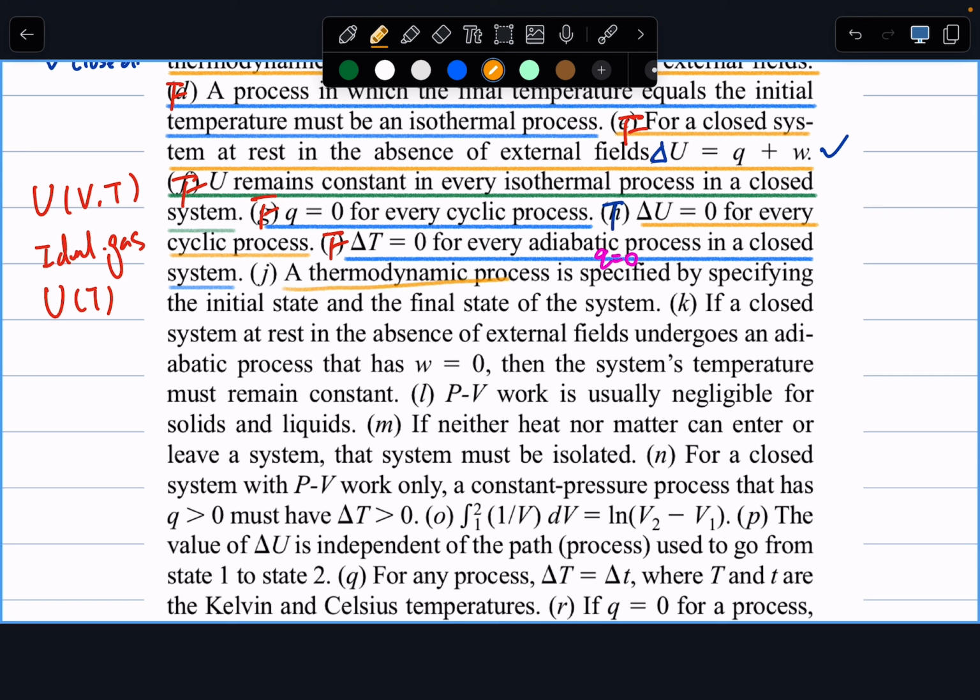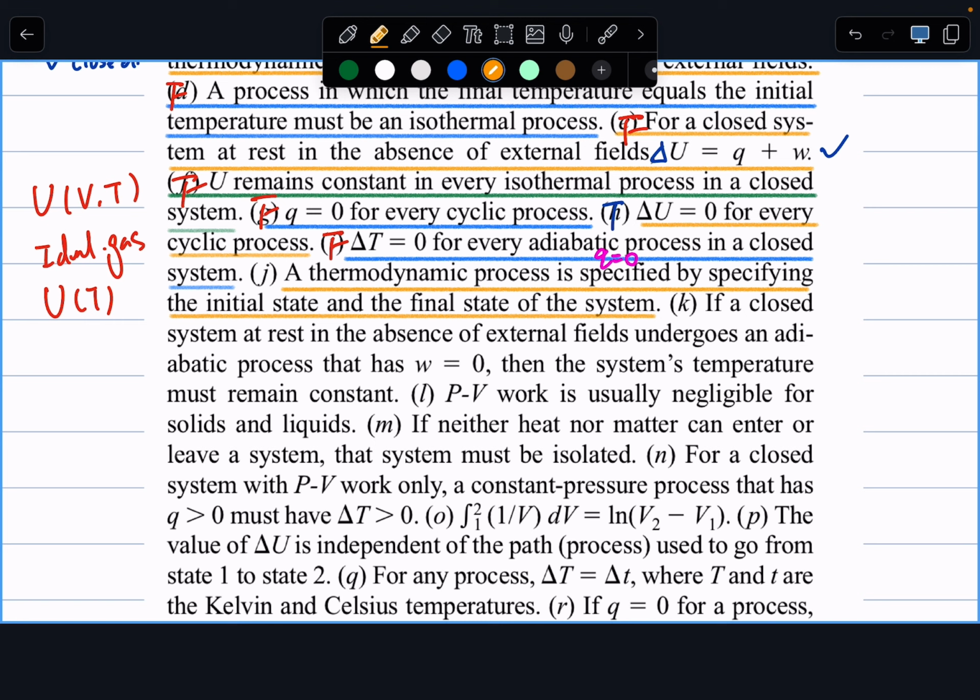Next up, a thermodynamic process is specified by specifying the initial and final state of the system. This is a difference between thermodynamic state and thermodynamic process. In order to specify the thermodynamic process, we need to have an idea about what each infinitesimal step is.